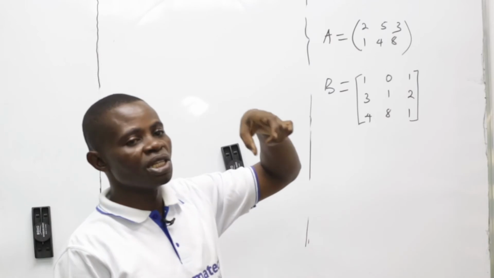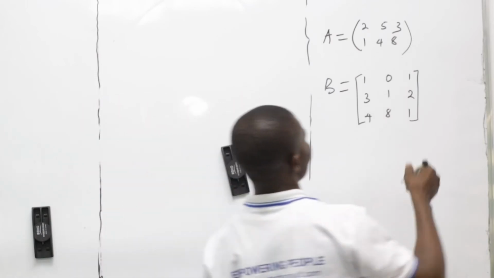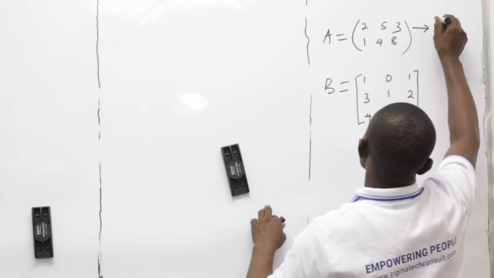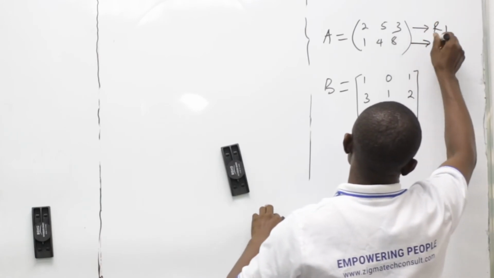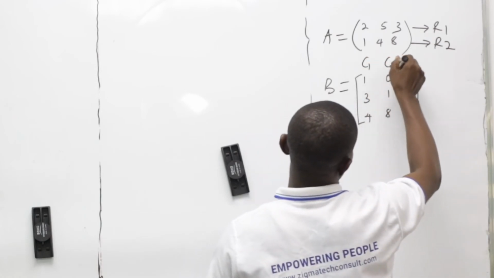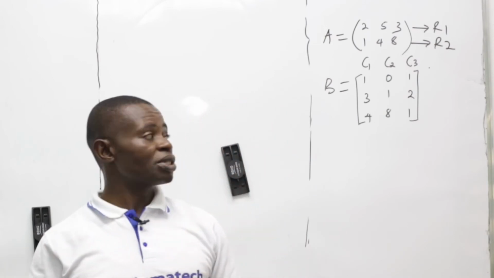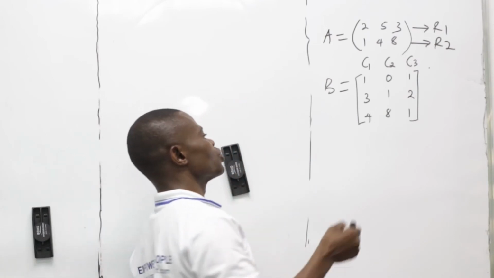What is going to be the nature of the matrix? Remember I said consider the rows. Row 1, row 2, column 1, column 2, column 3. We are considering this. How many rows do we have?